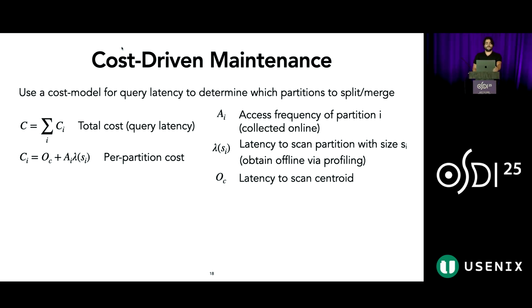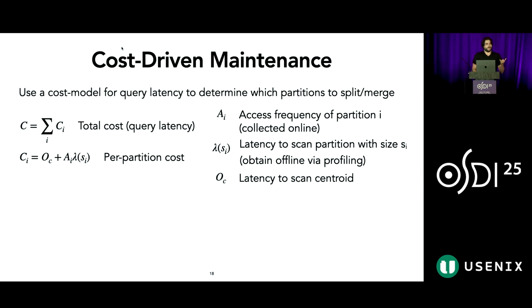So the idea behind maintenance, beginning with maintenance, is we use a cost model which models the query latency. And we use this to determine which partitions we need to split and merge. So there is a total cost for the index, where the total cost is simply the sum of the per-partition cost terms. Each partition contributes to the cost based on the access frequency of that partition, times the latency to scan that partition.